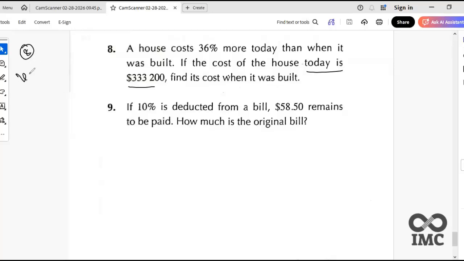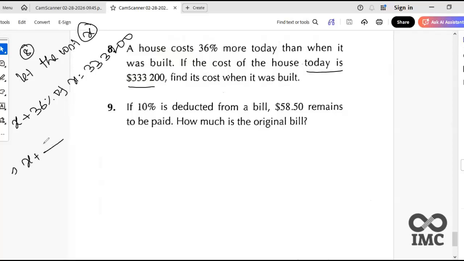So let the cost be X. That means this is the original cost. So X, and now 36% is increasing. So X plus 36% of X equal to $3,33,200.